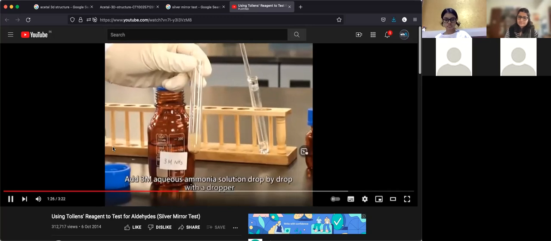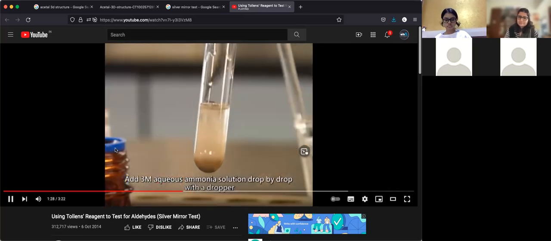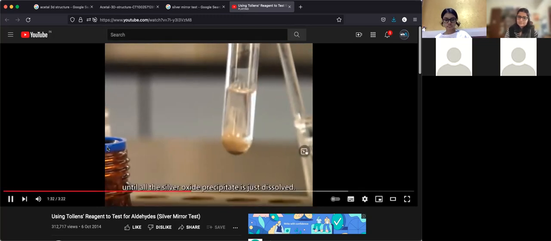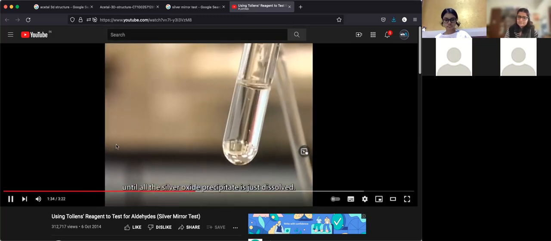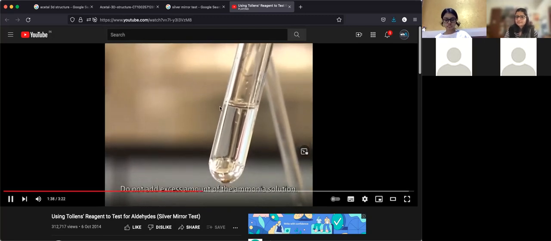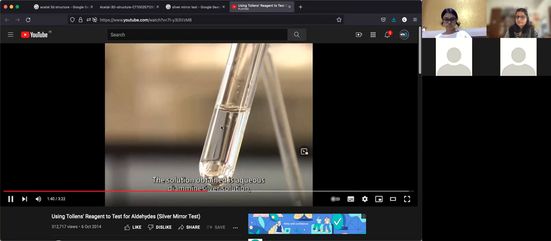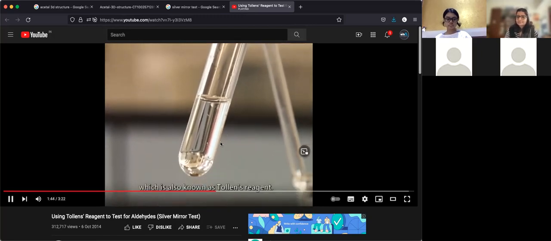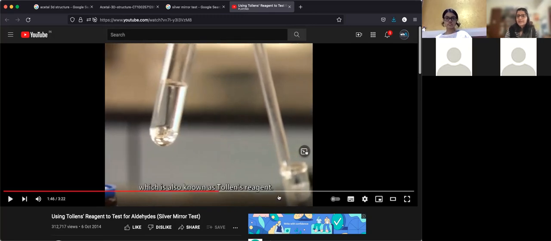Add a 3 molar aqueous ammonia solution drop by drop with a dropper, until all the silver oxide precipitate is just dissolved. Do not add an excess amount of the ammonia solution. The solution obtained is aqueous diamine silver solution, which is also known as Tollens reagent. If you look at the complex we've written, there's 2 NH3, diamine silver solution.